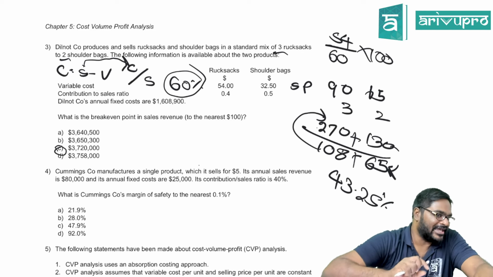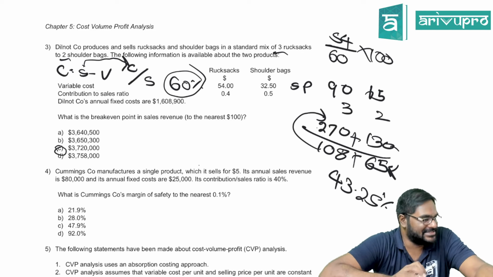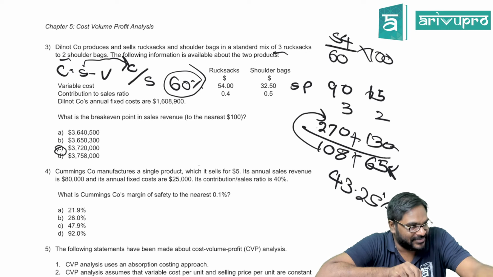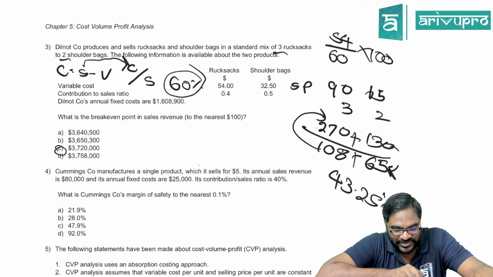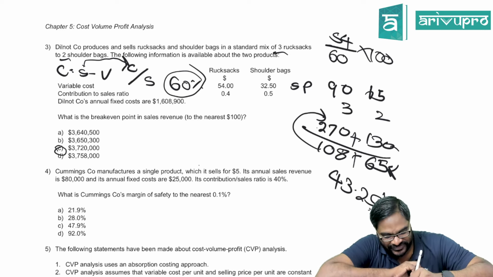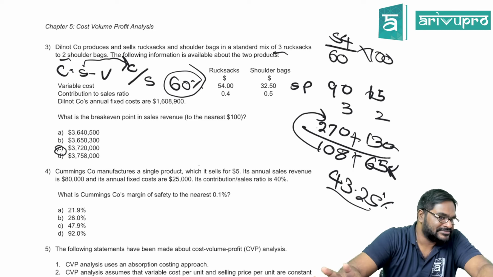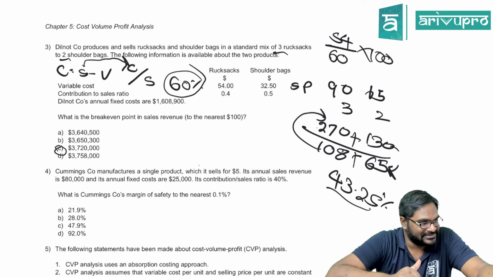Then just a matter of calculating the weighted average CS ratio. So our total contribution would be 108 plus 65 divided by our total sales would be 270 plus 130. Then we get a weighted average CS of 43.25. Are we good up to that one? Vijay?